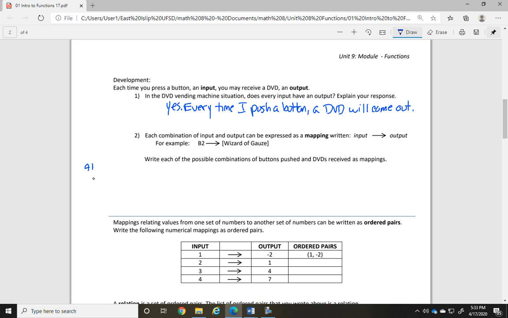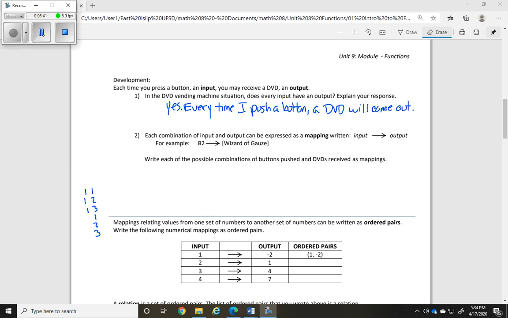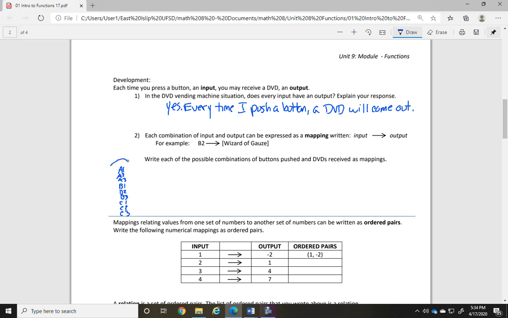I actually wish I had more room, so I'm going to move this up a tiny bit. So there's my inputs. Sometimes people put this in a circle and call them the inputs.